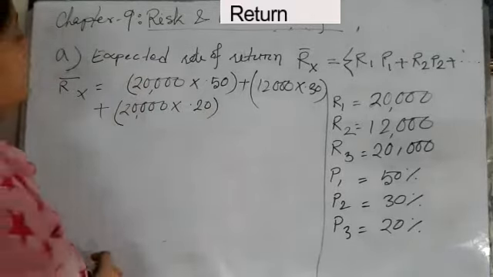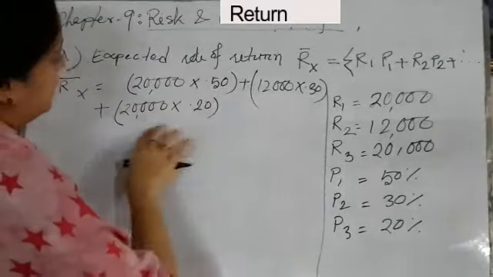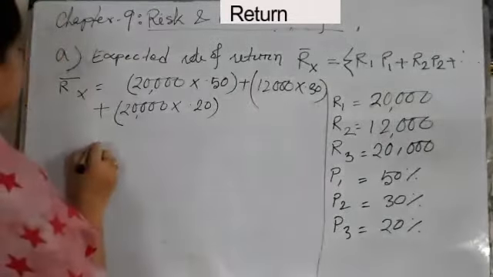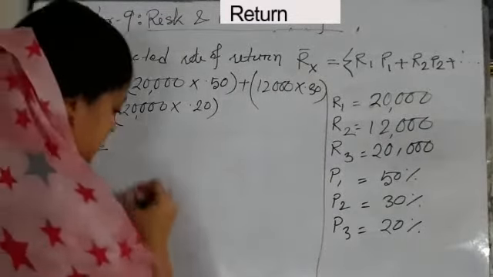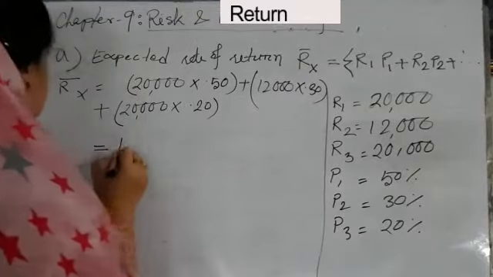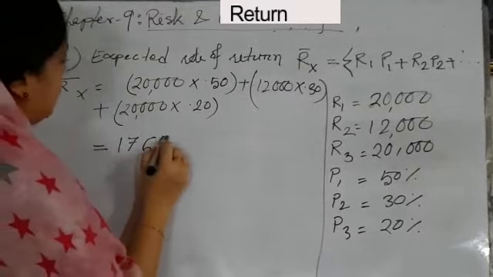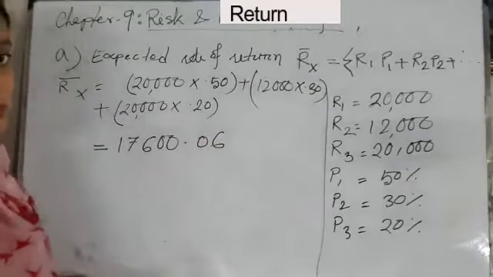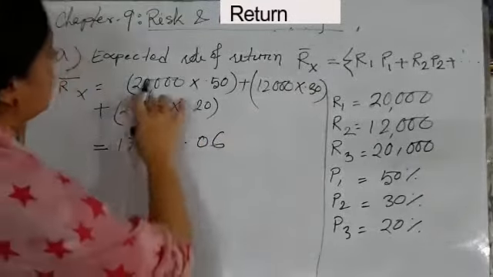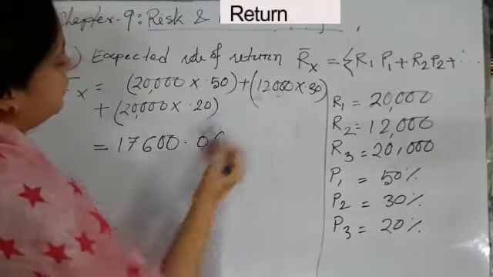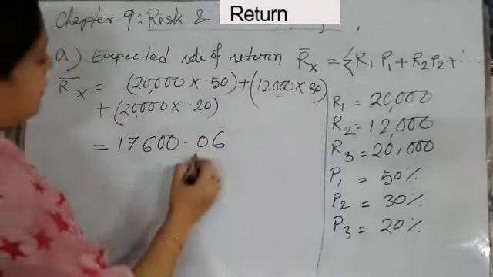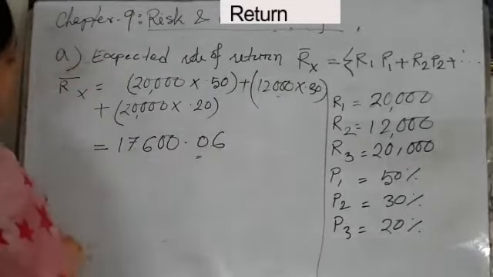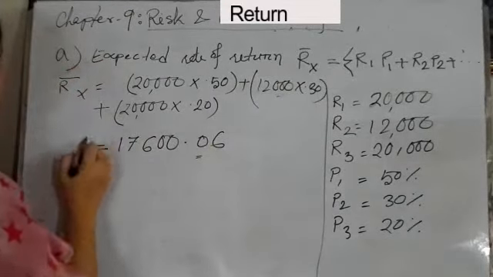We have to calculate it with a scientific or normal calculator, and the result is 17,600.06, not percentage. We shouldn't write percentage here because all these values are in amount, so the answer will be in amount. This is the expected rate of return of project X.